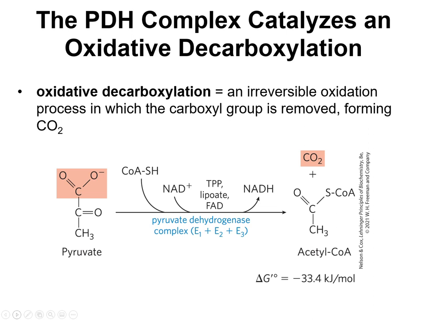There's some stuff that happens in between to make that a reality. Note all of the different cofactors that are required. You need CoA, NAD, TPP, lipoate, which we haven't talked about yet, and FAD. All of these things are necessary. When I say this complex is massive, I mean it is massive.